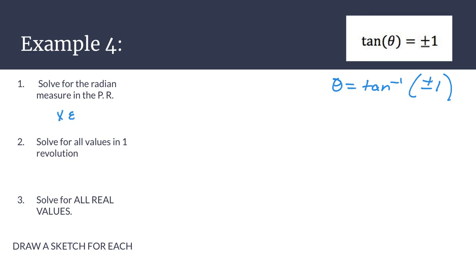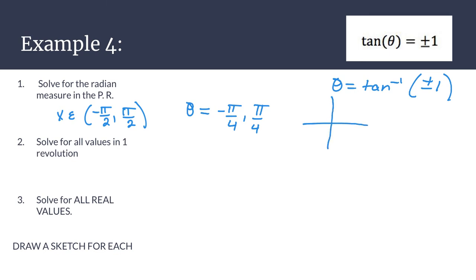For your principal root, that's going to happen twice. So we're looking at the domain between negative pi over 2 and positive pi over 2. So theta is going to equal negative pi over 4 and positive pi over 4. Again, when you look at that sketch, it's going to be right in the middle of quadrant 1 and right in the middle of quadrant 4.